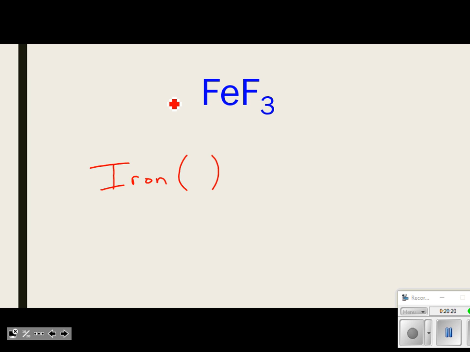I've seen more people miss this on WebAssign because they spell fluoride wrong. They spell it flower-eyed. They switch the O and the U. Okay? And WebAssign will count you wrong for that. So don't do that.